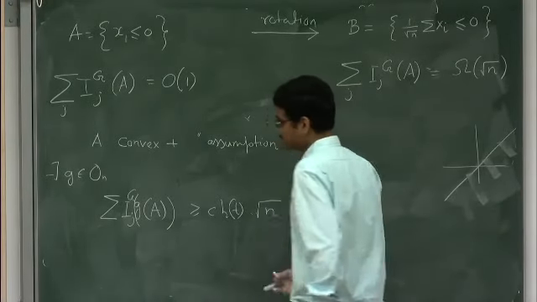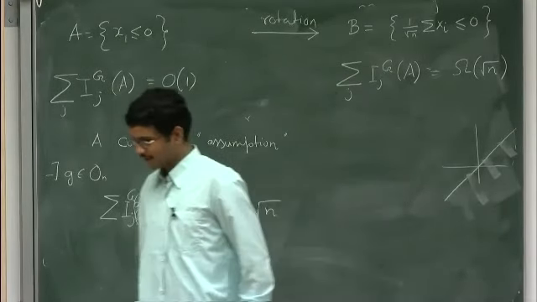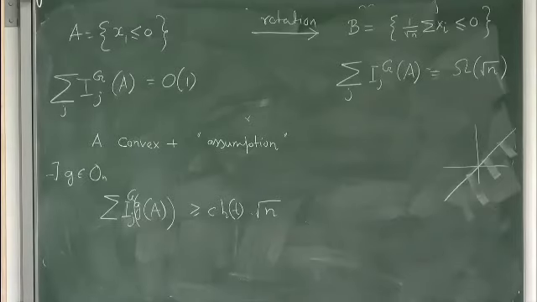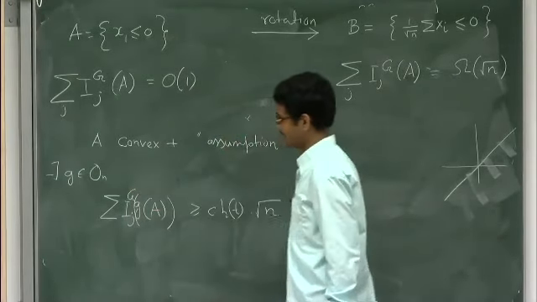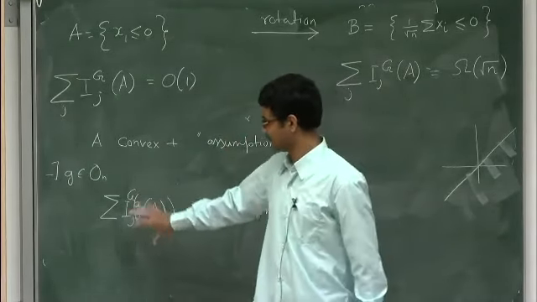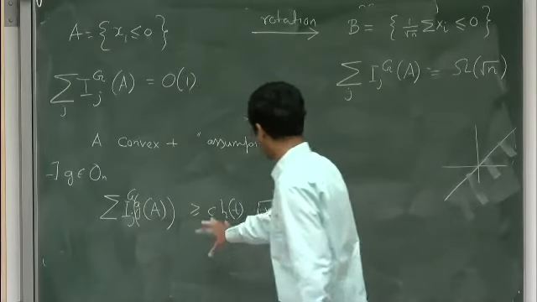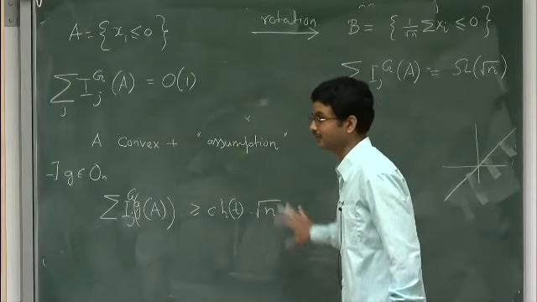The proof goes by analyzing this for a random rotation, computing the expected value and showing that the lower bound holds for the expected value.